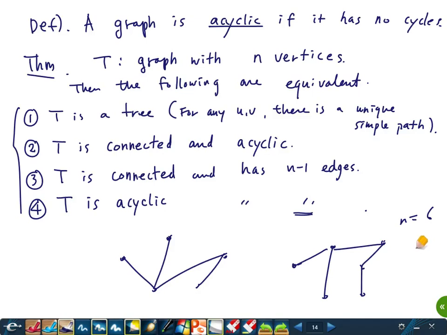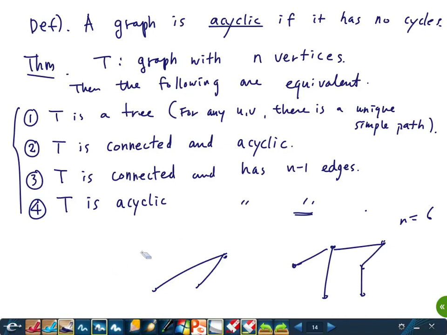I added 5 edges, but now if you add one more edge there, you will always get a cycle, like this or this or this. So you cannot add more than n-1 edges. So this is the maximum possible number of edges for an acyclic graph.